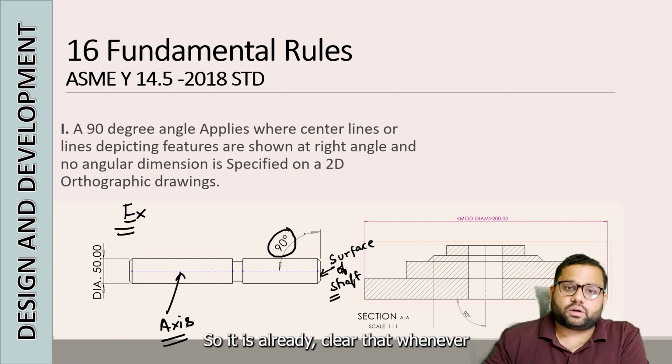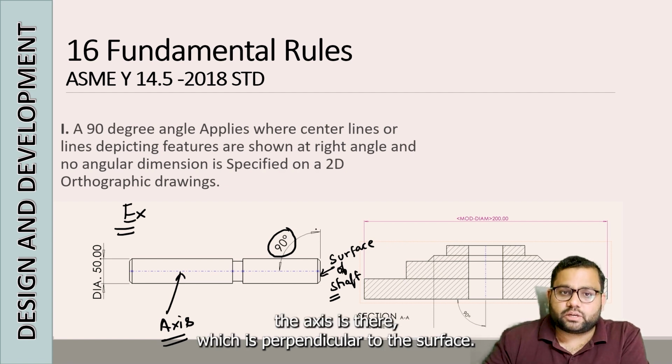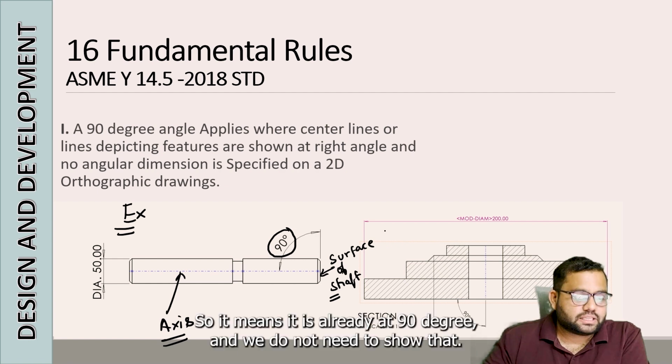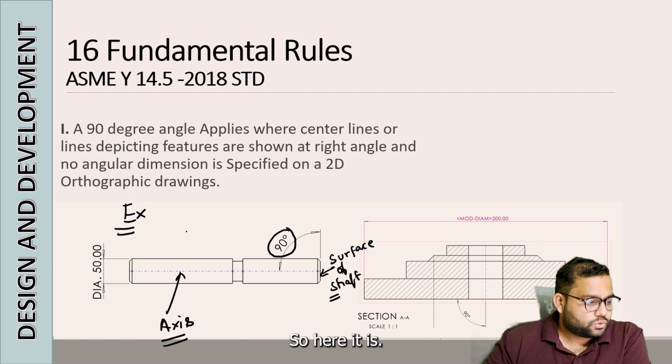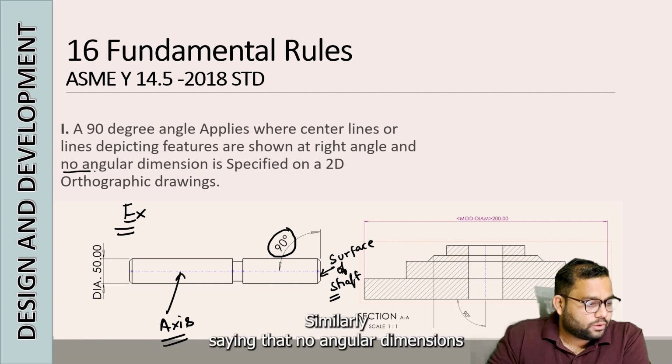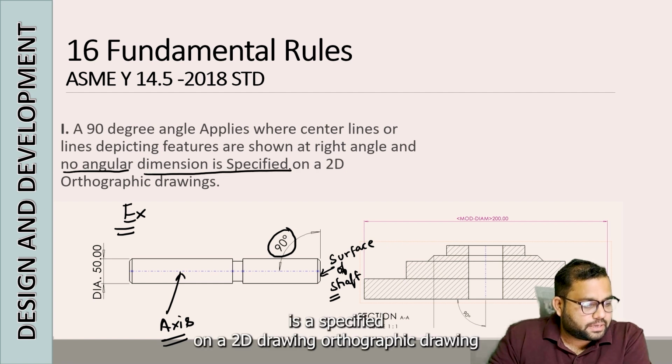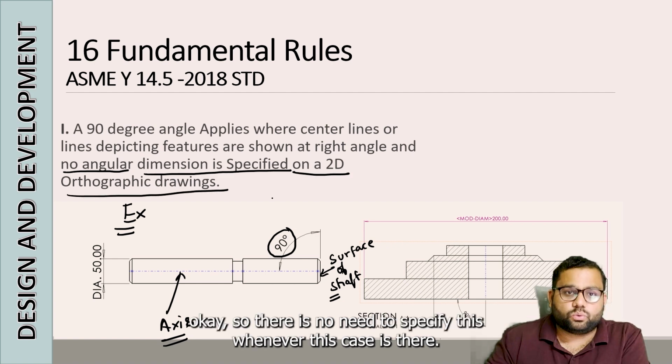It is already clear that whenever the axis is perpendicular to the surface, it is already at 90 degrees, and we don't need to show the right angle on the engineering drawing. Similarly, no angular dimension is specified on a 2D orthographic drawing, so there is no need to specify this in this case.